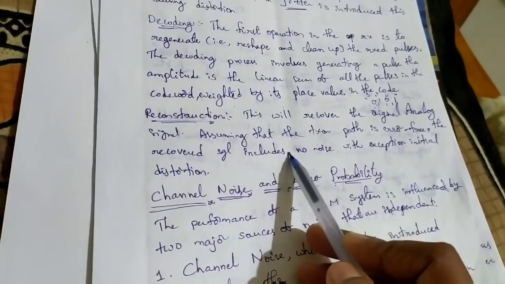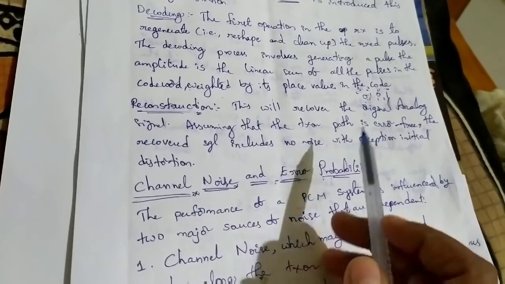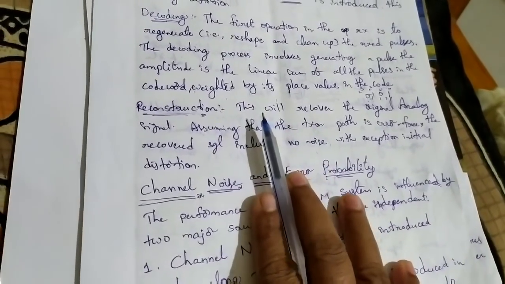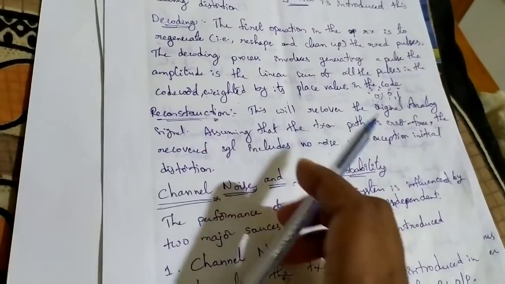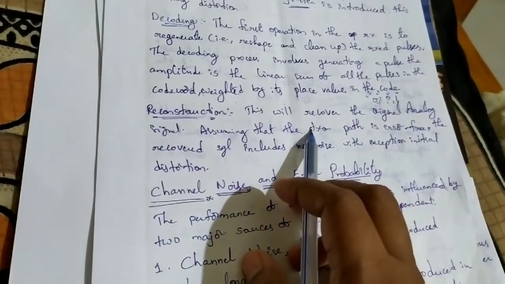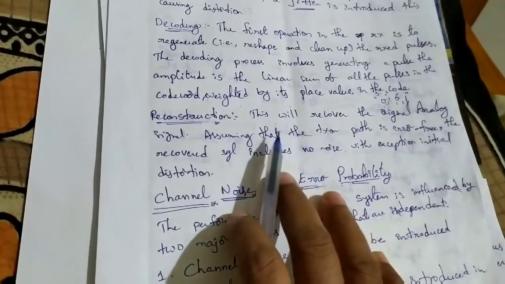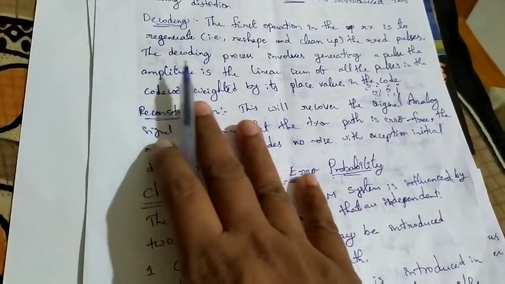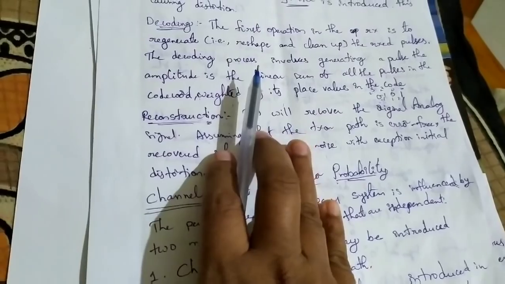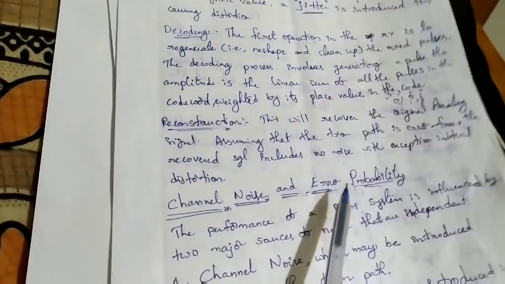Then only will we get the original signal as it is. With this we can complete the block diagram of pulse code modulation. We will move to the next topic, channel noise and error probability.